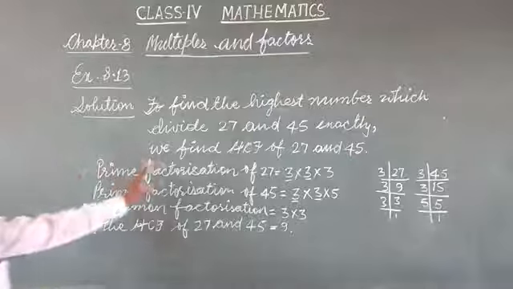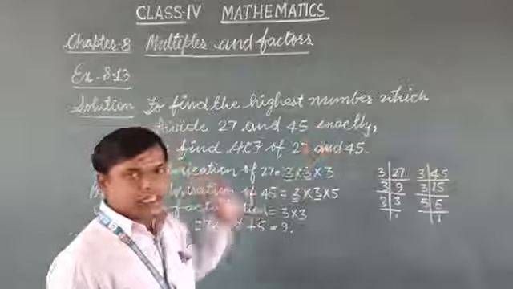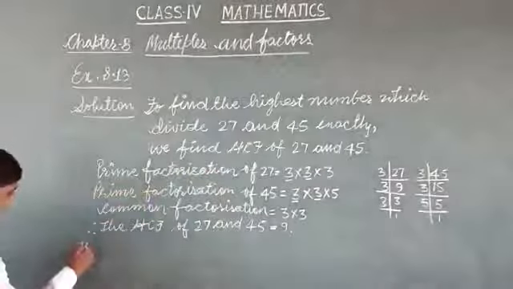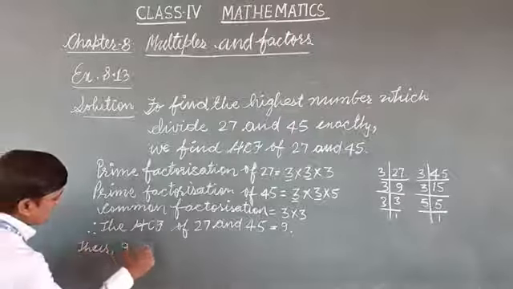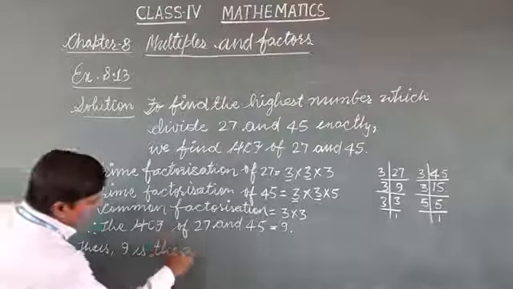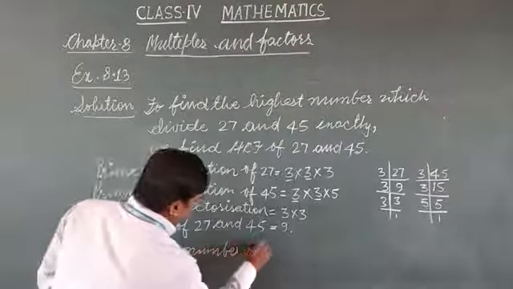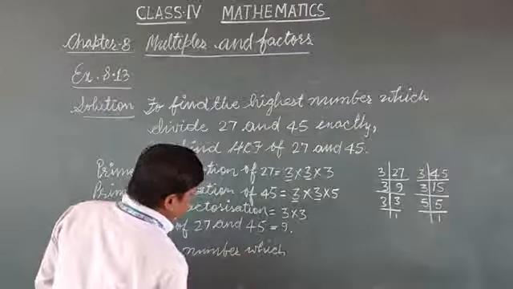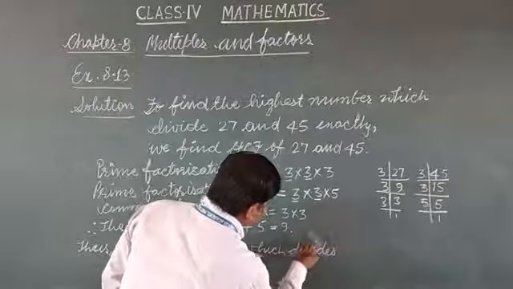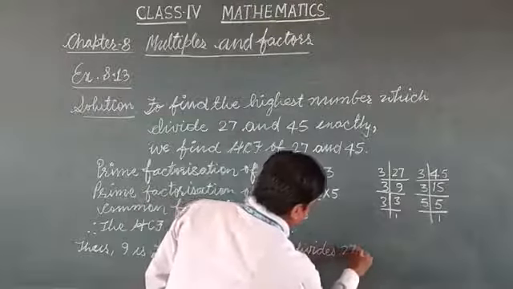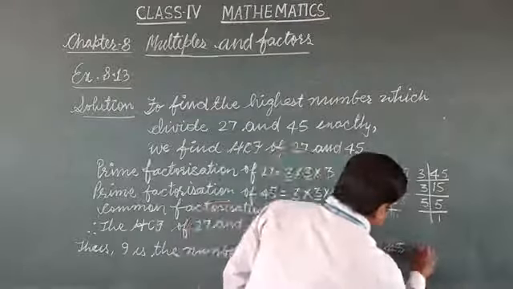Thus 9 is the number which divides 27 and 45 exactly. We write, thus 9 is the number which divides 27 and 45 exactly.